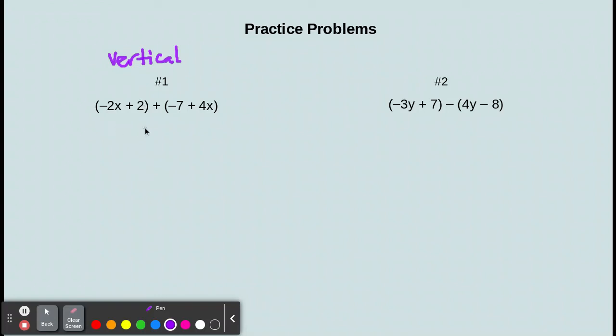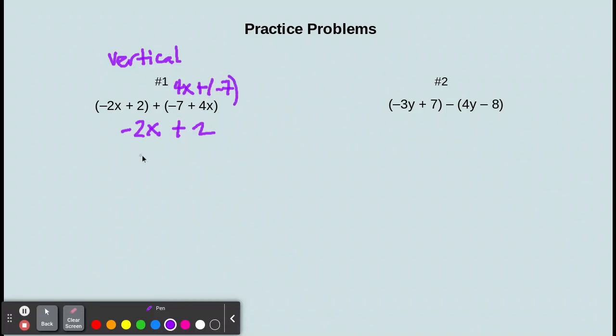Remember, vertical method is when we align them vertically, making sure that the constants line up and the variables line up. So let's write this first one, 2x plus 2. And now we're going to align this another one. But look, this is kind of out of order. So using the commutative property, we know we can rewrite this part as 4x plus a negative 7.